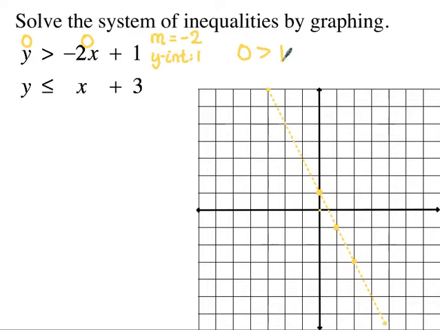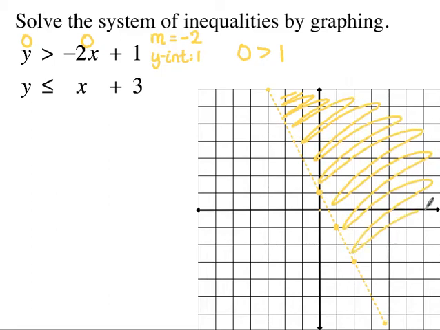No, so which way am I going to shade? To the right. Now I want you to do this lightly, not super dark. How do you know which side you should shade? If it's true, you will shade on the side with the point. And if it is false, you will shade on the side opposite the point.